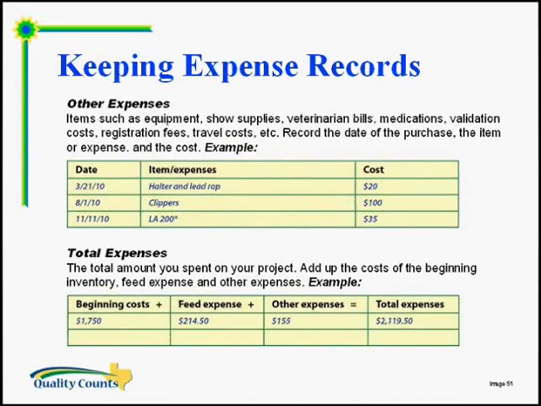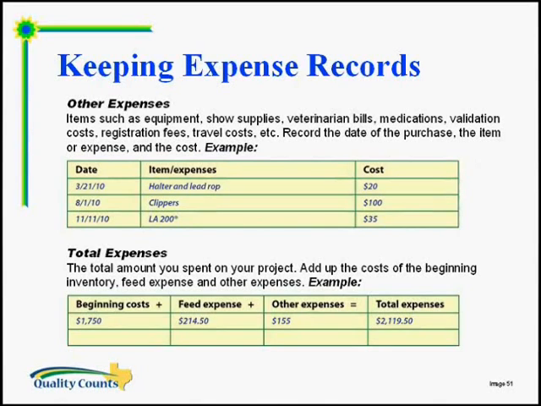Other expenses such as equipment, halters, clippers, medication, those you can list under other expenses, and then of course the final table there lists all the total expenses so that you can have an idea of what these projects are costing.